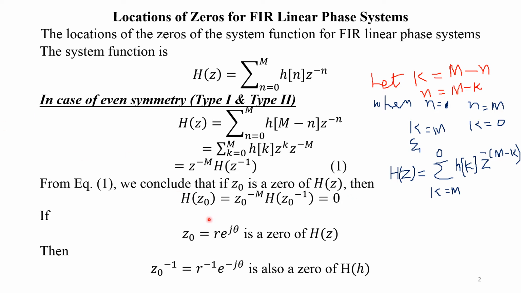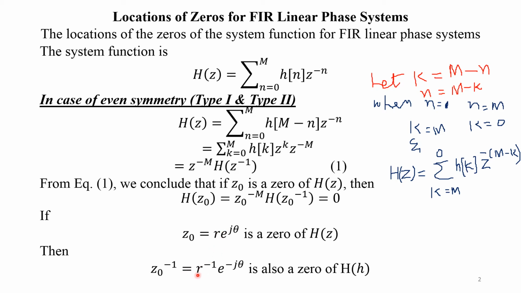So if we say z naught equals r e^(j theta), and this is a zero, then the reciprocal of this, z naught inverse, is 1 over r and 1 over e^(j theta).